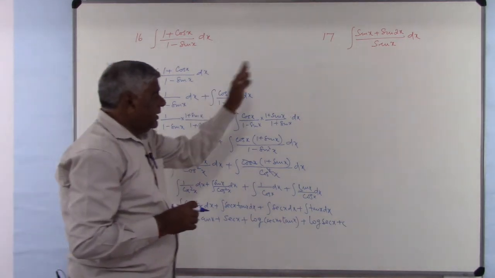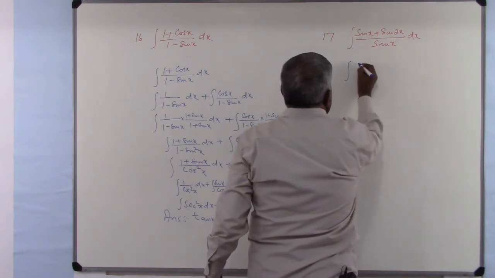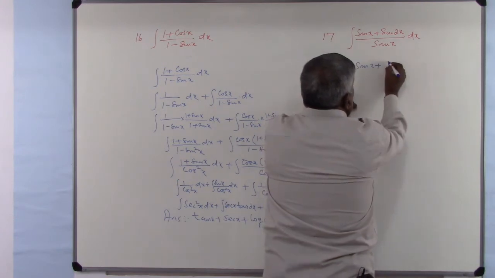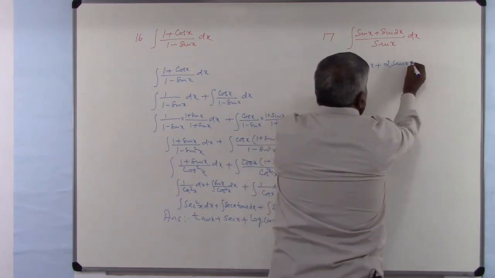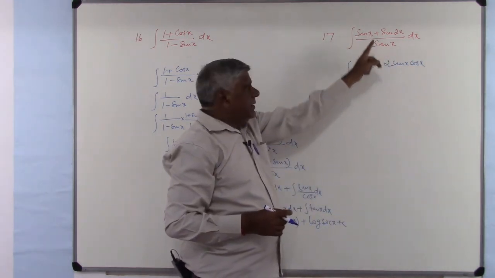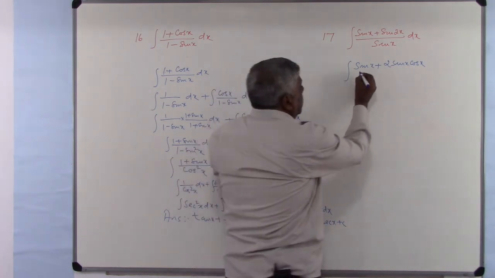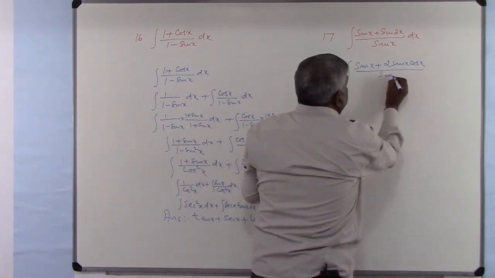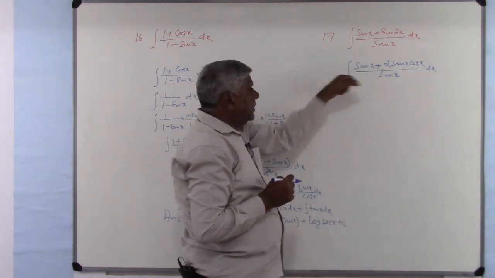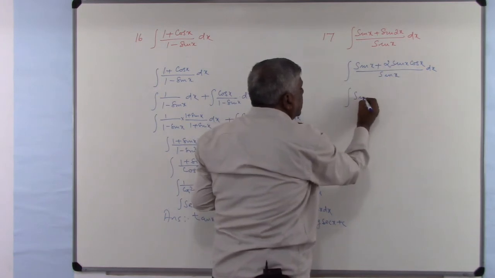Now we will go to the other problem here. Sin x plus sin 2x, we know sin 2x, I have already told you, is 2 sin x cos x. So sin x plus 2 sin x cos x divided by sin x dx. Do you agree? Now, what is common here? Sin x. I will take sin x common.